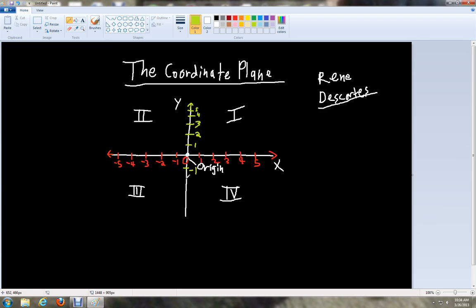So -1, -2, -3, -4, -5, and so on. So that gives you an idea of how to arrange the numbers on the x- and y-axis. All the numbers going to the right and up are positive, and all the numbers to the left and going down are negative.